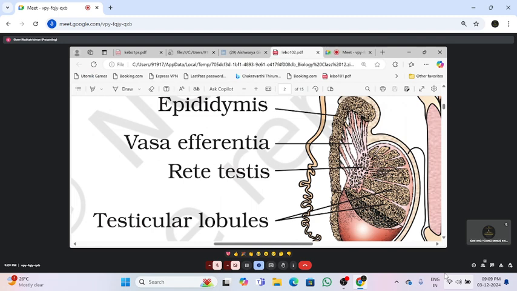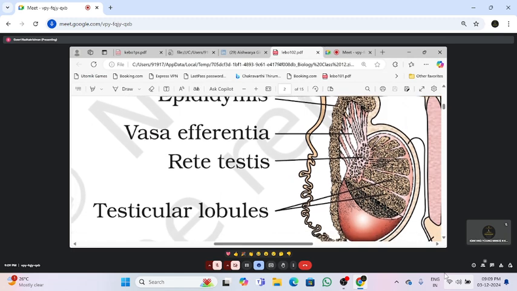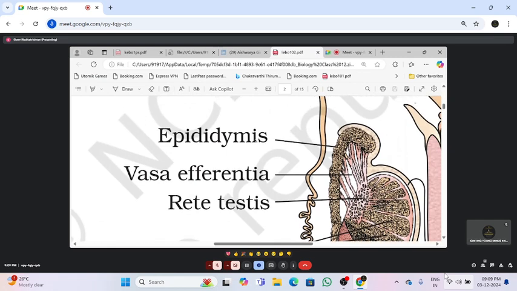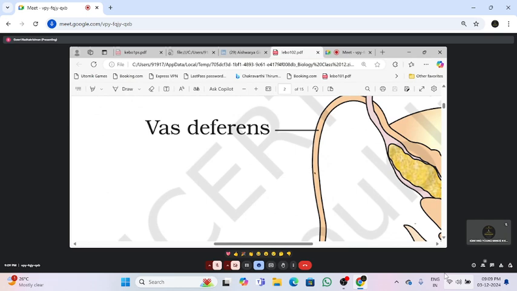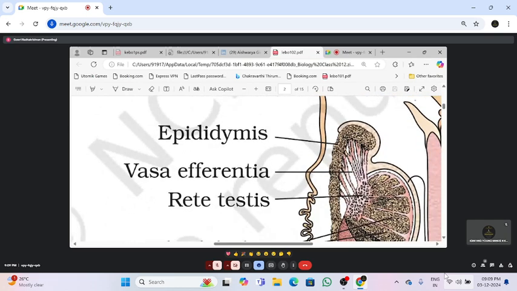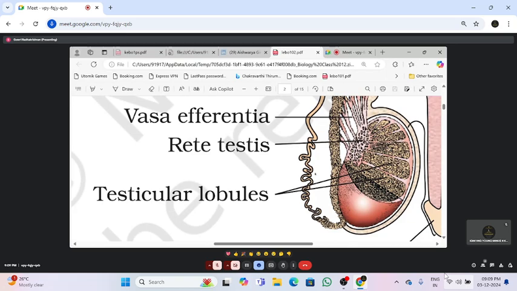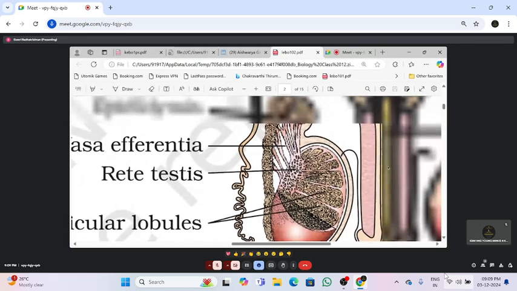It's a small tube. It's taken to the epididymis here, and that is connected to the vas deferens.